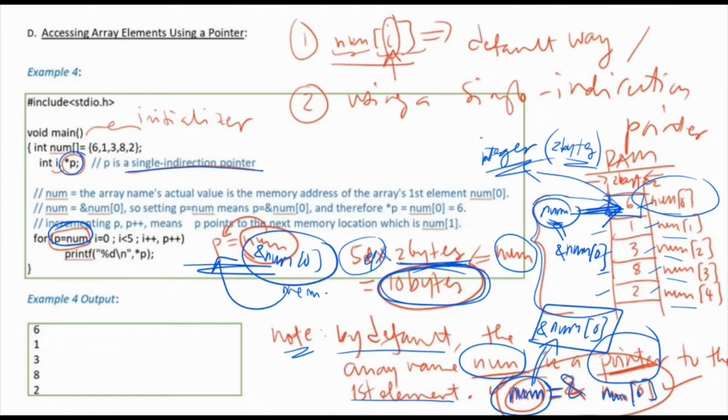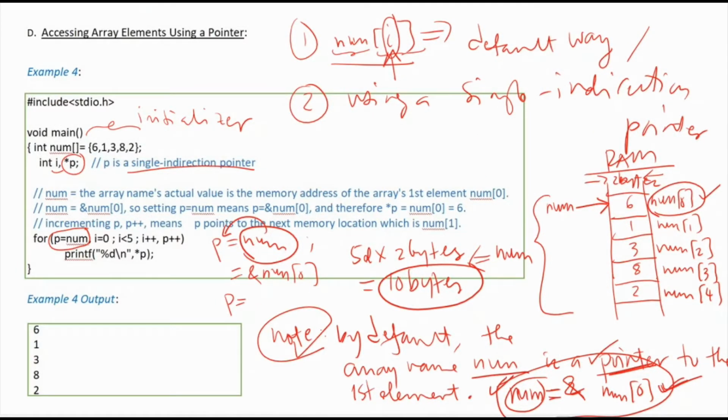Therefore, p is also pointing at the first element. So now p and num are both pointing at the same memory location, which is the first element of the array. So num is equal to the memory address of num0.